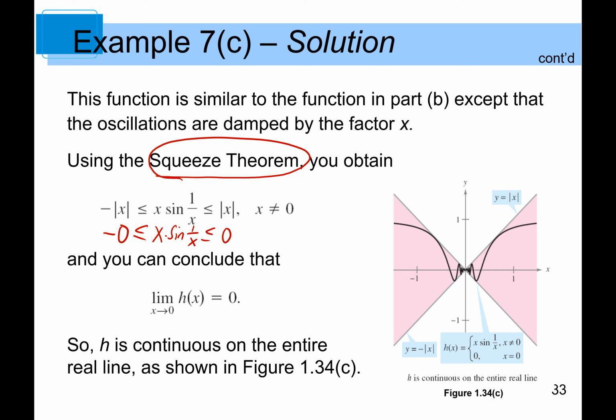This is positive 0. Then it must be 0. Right? That's why we know that the limit as x approaches 0 of the function x times sine of 1 over x is equal to 0. So h is continuous on the entire real line. It's continuous everywhere.